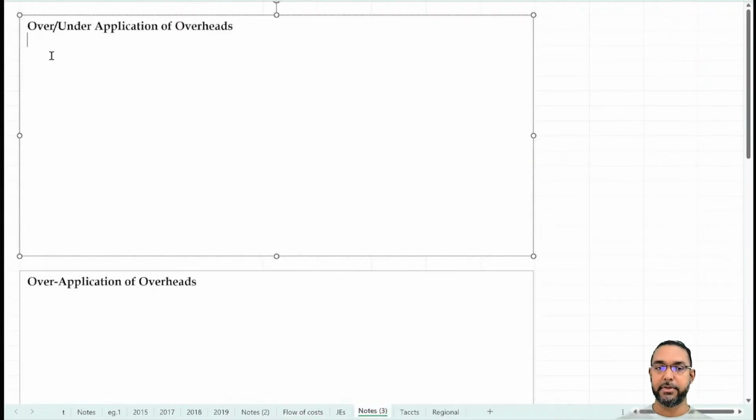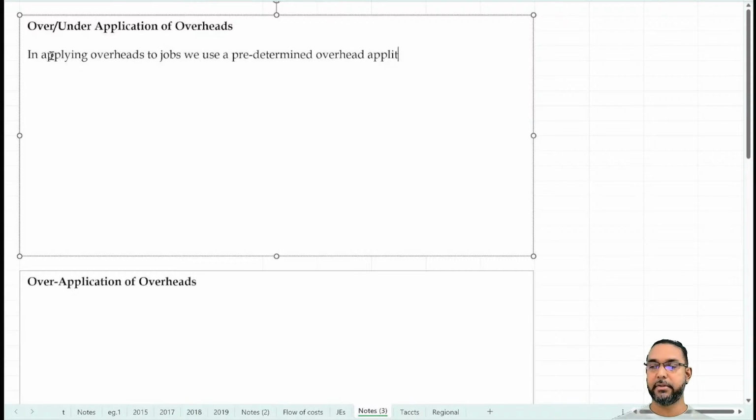So, over or under application of overheads. In applying overheads to jobs, we use a predetermined overhead application rate, which is based on estimated overheads and the estimated volume of the cost driver or application base.